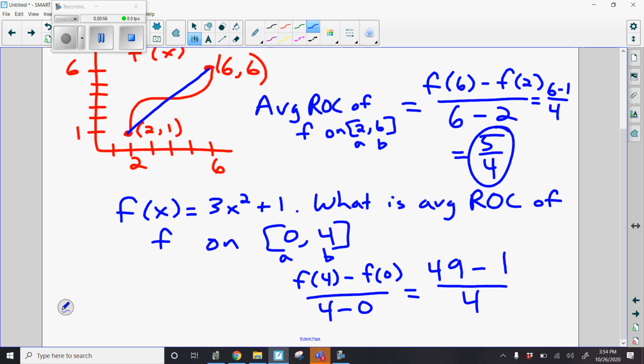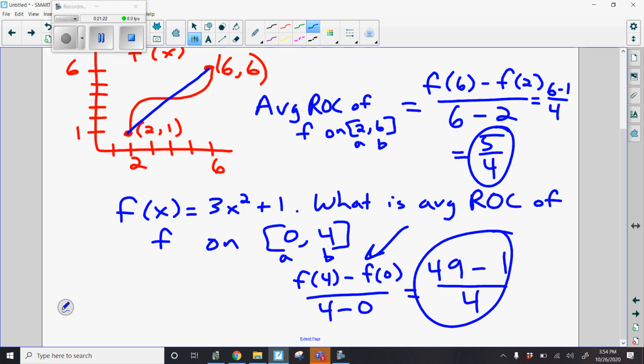Now they talked about this in the video, the AP daily video. Okay, but if this is a free response question on a test, feel free to just circle this answer. Okay, once you have a numerical answer, you can circle it because it's done. Okay? This is not numerical because it's got the f of 4 and the f of 0. Okay?